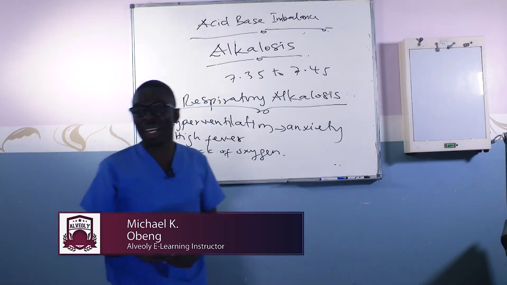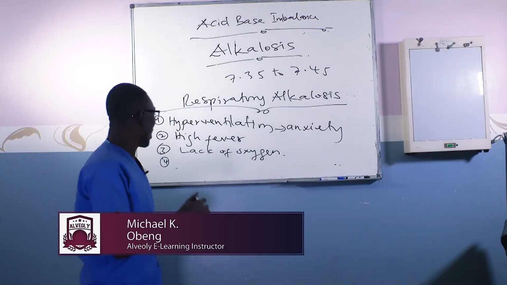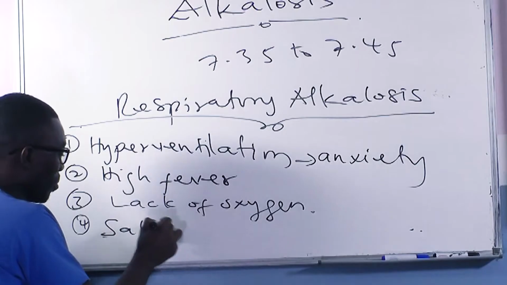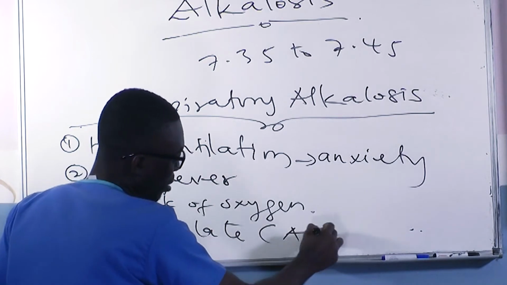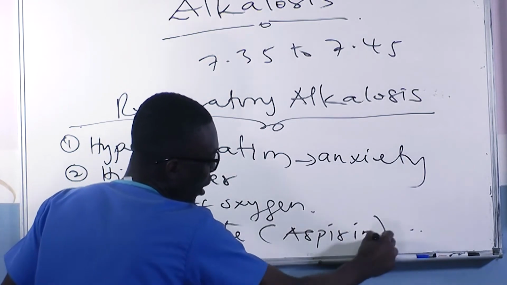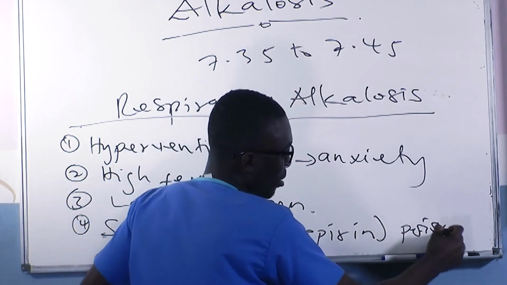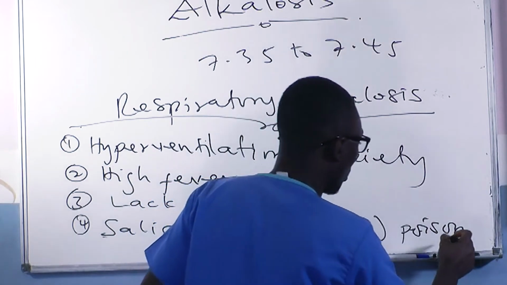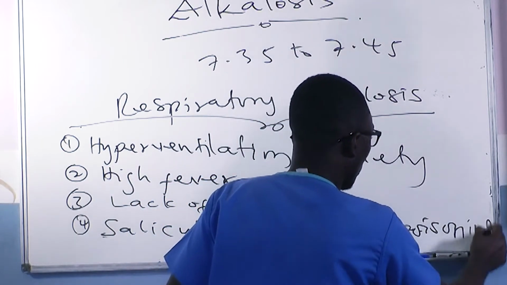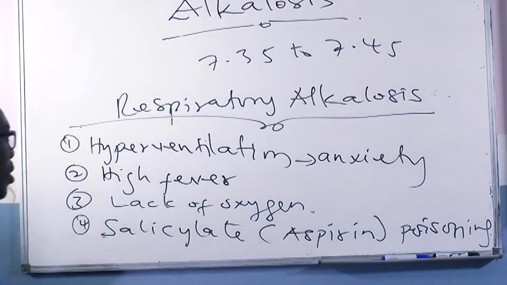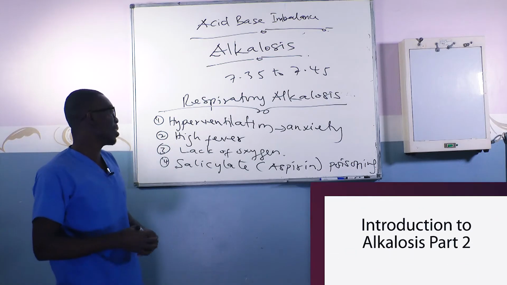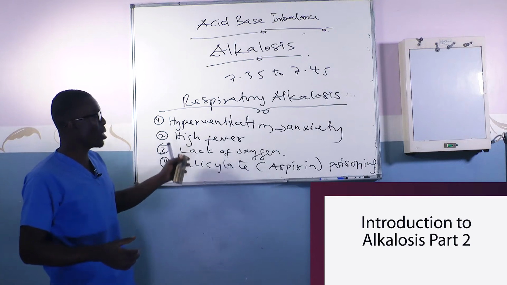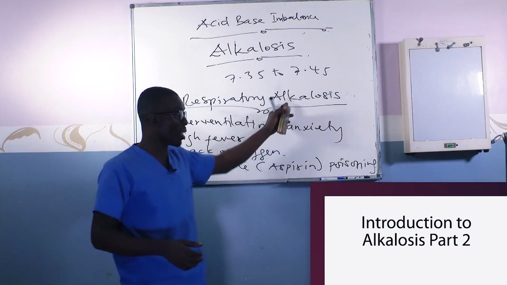When we say salicylic acid or salicylate, it is the same thing as what? Aspirin. So when there's aspirin poisoning, it can also lead to what? Respiratory what? Alkalosis. Okay. So basically, those are the points that you have to know under respiratory alkalosis.